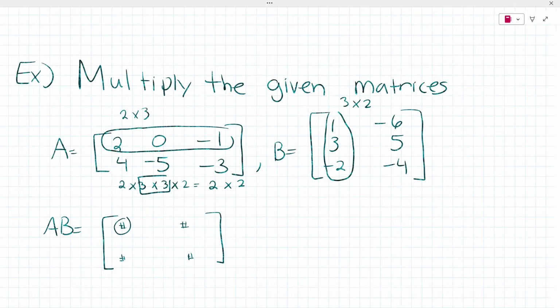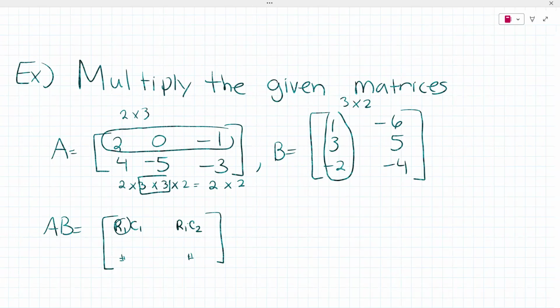So you can express it as R1, C1. And then this number here could be expressed as R1, C2.